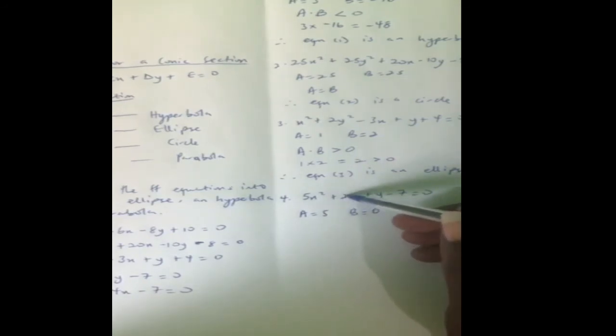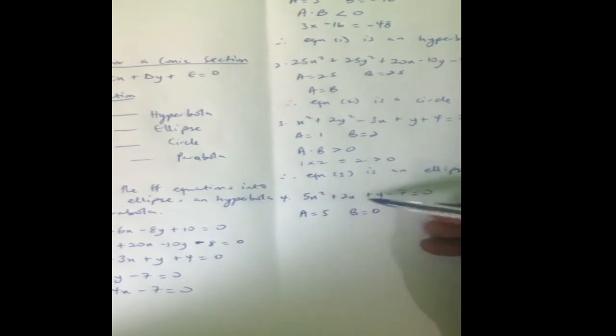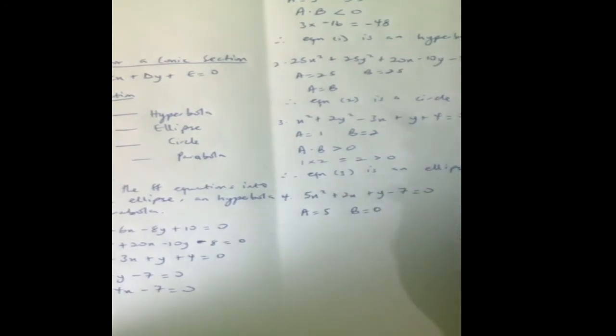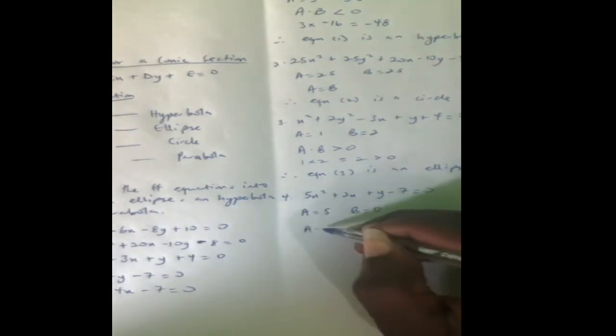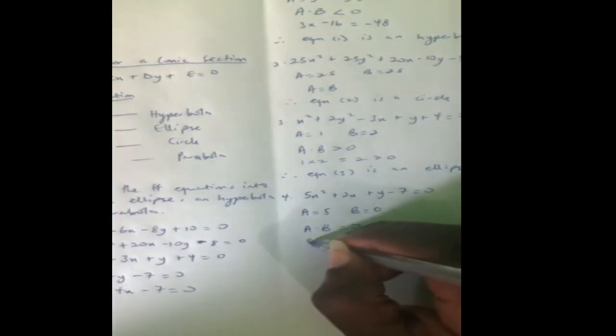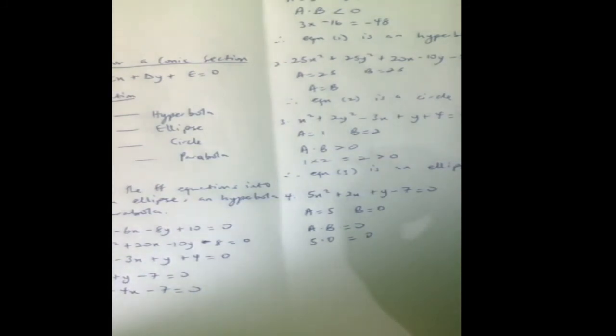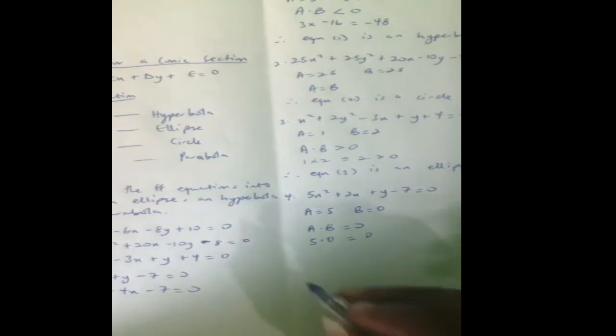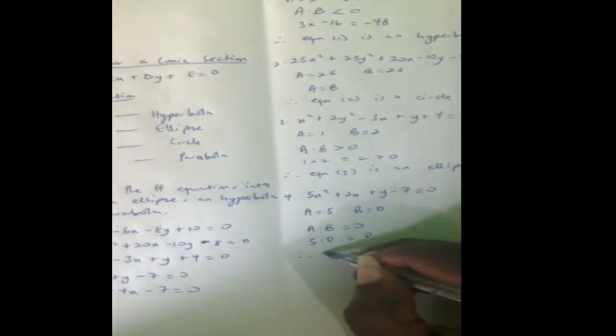B is the coefficient of y squared. Okay, there is no y squared inside the problem, so it means that our b is 0. So since our b is 0, if we multiply a by b, we are going to end up getting 0 because we have 5 times 0, which is just 0. Okay, so since our a times b is equal to 0, then therefore equation 4 is a parabola.